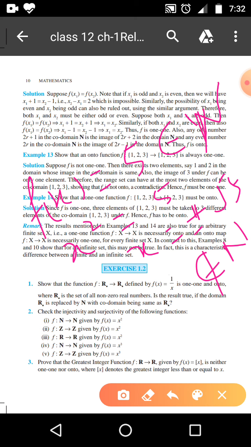That's why the first function of question number 2 is one-one but not onto, that is injective but not surjective.